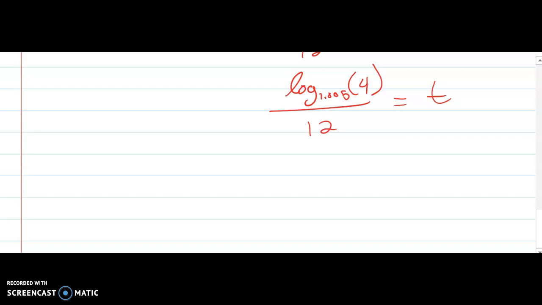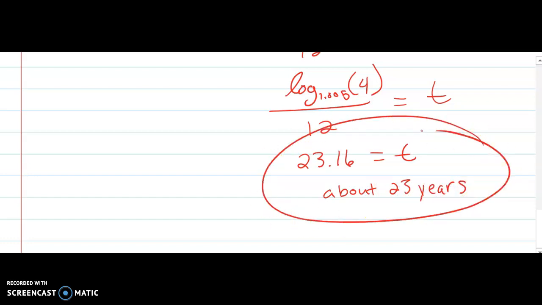Okay, we plug this into our calculator. We get 23.16 is equal to t, or about 23 years. And there's my answer.